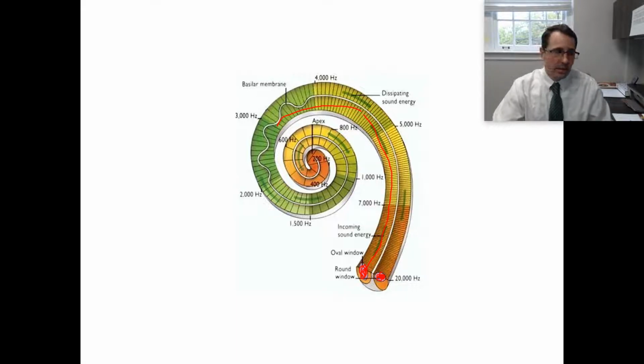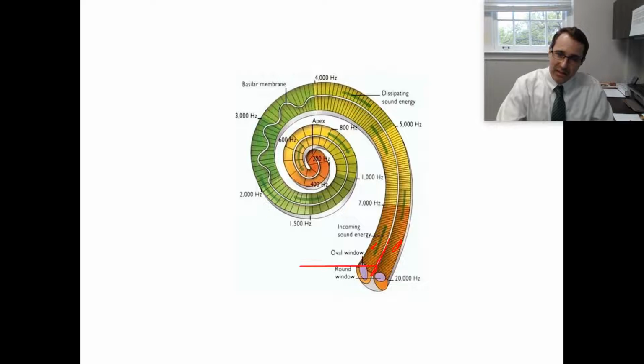All right. So now, going back to the organ of Corti, what I want you to understand about it is that it exists within a third chamber that is between the scala vestibuli and the scala tympani. That's known as the scala media. And the scala media that houses the organ of Corti runs the length of the cochlea.